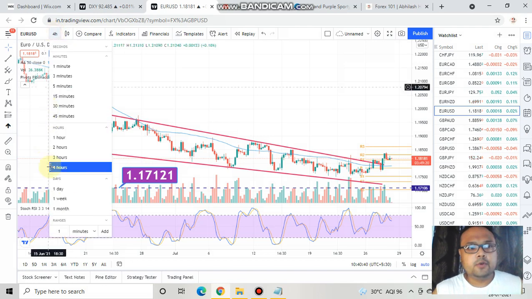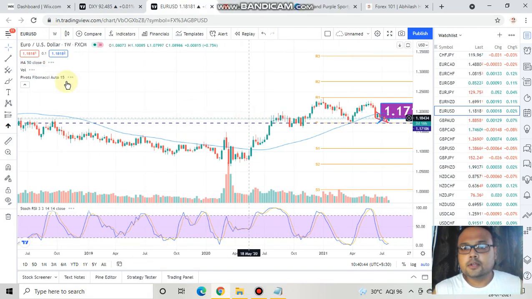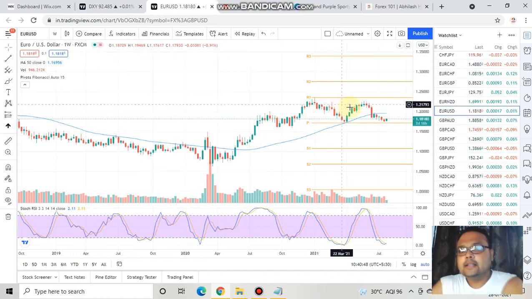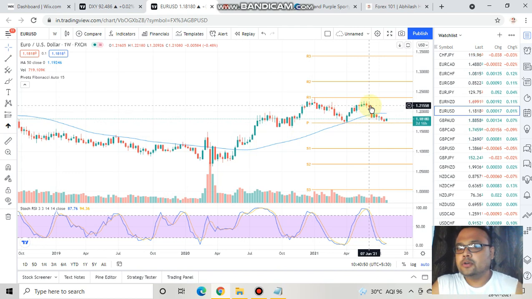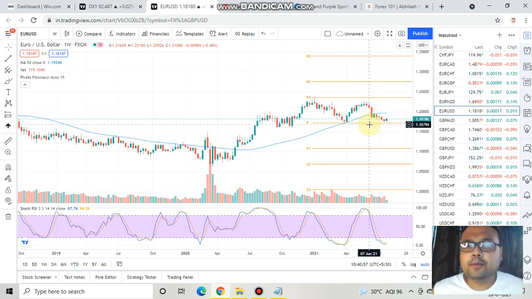Let me take you to the weekly chart once. So this is the chart of Euro USD. As you can see, in the weekly chart also Euro USD is coming down, but we have a support here. And as we all know, the weekly chart belongs to the big boys, the big players. Therefore, the support and resistance levels on the weekly chart are very crucial.